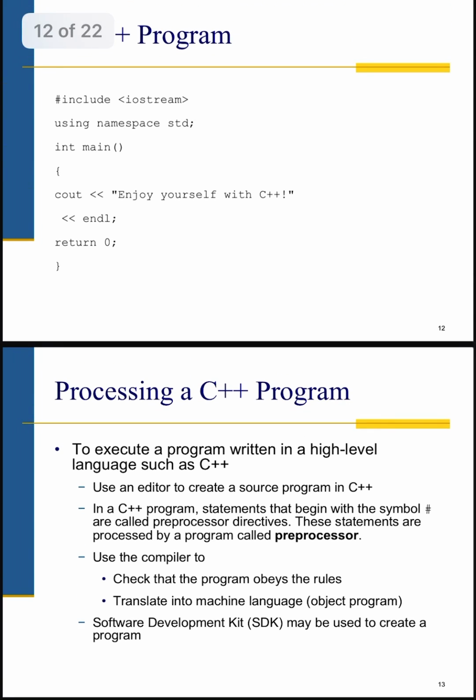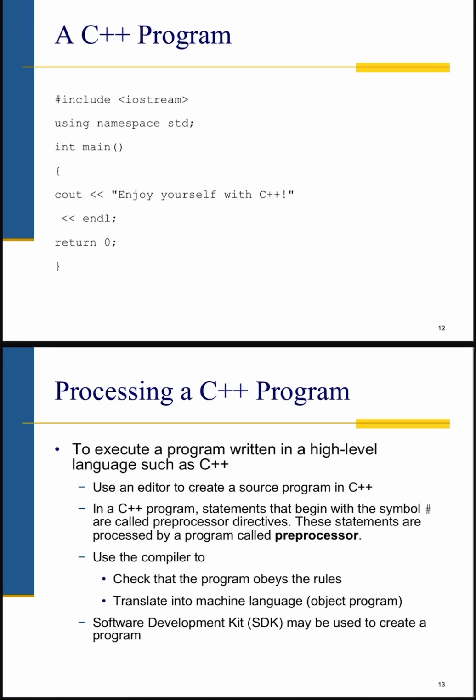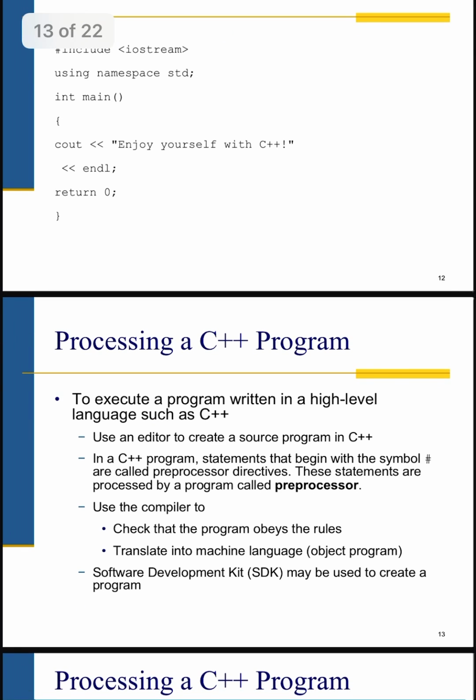So hashtag include is what? Hashtag is a preprocessor directive, and these statements are processed by the program called a preprocessor, used to compile, to check that the program obeys the rules, and to translate it into machine language.